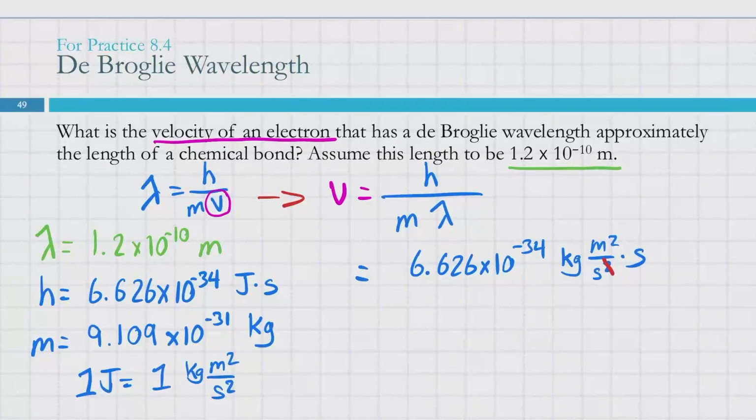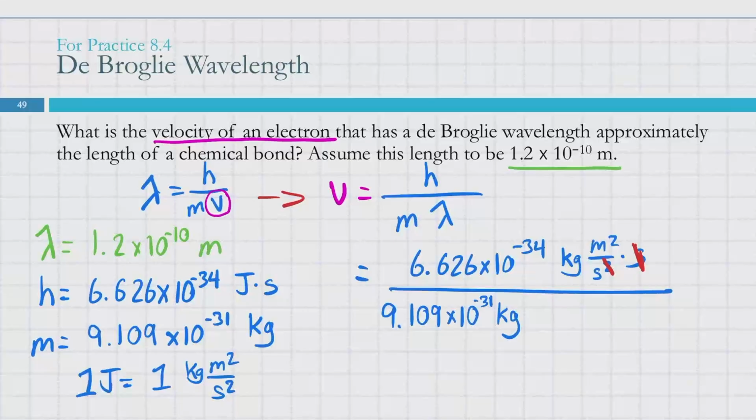So the seconds squared on the bottom, one of those cancels out with the seconds that we have. On the bottom, we are putting our mass in kilograms. So that kilograms will cancel with the kilograms that's on the top.